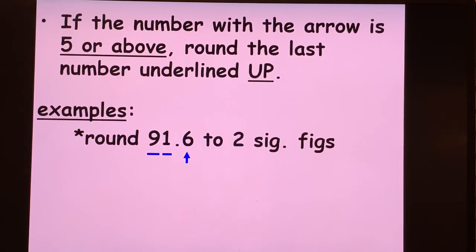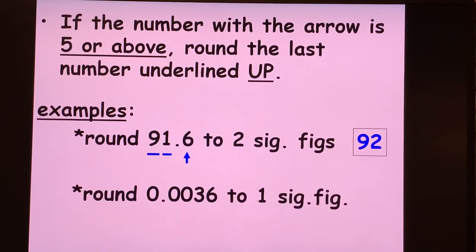And if it is a 5 or higher, then you're going to round that 1 in the 91 to a 2. And the answer will be 92. You're going to be doing a lot of rounding in your calculations in this class, so you have to get this part down, okay? Don't worry, we're going to practice tomorrow. And we're going to practice more today too. So now you're going to round that number to only one significant figure.